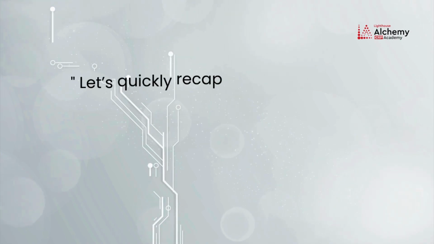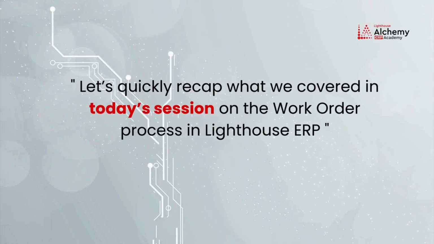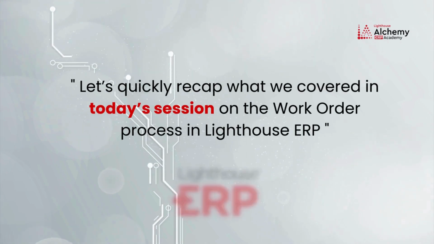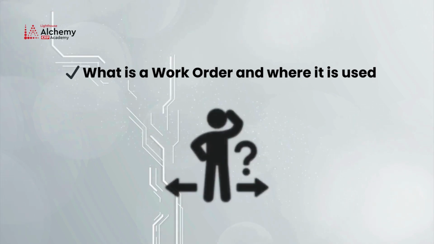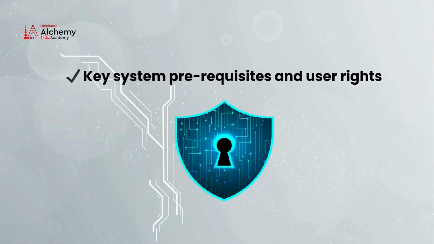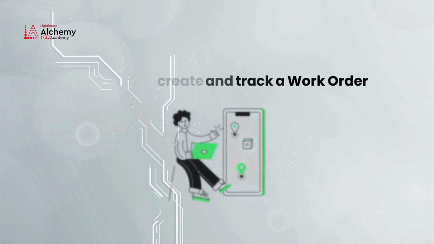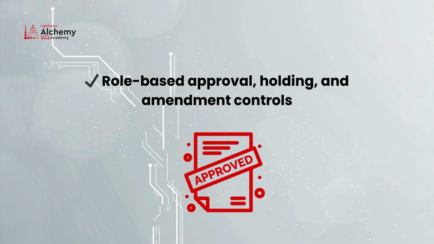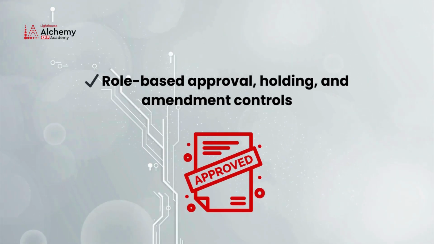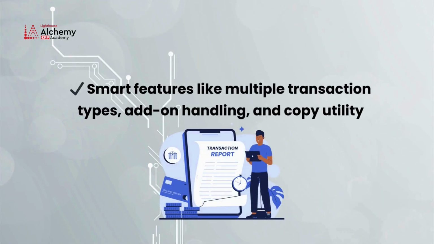Recap. Let's quickly recap what we covered in today's session on the work order process in Lighthouse ERP. What is a work order and where it is used? Key system prerequisites and user rights. How to create and track a work order, role-based approval, holding, and amendment controls. Smart features like multiple transaction types, add-on handling, and copy utility.